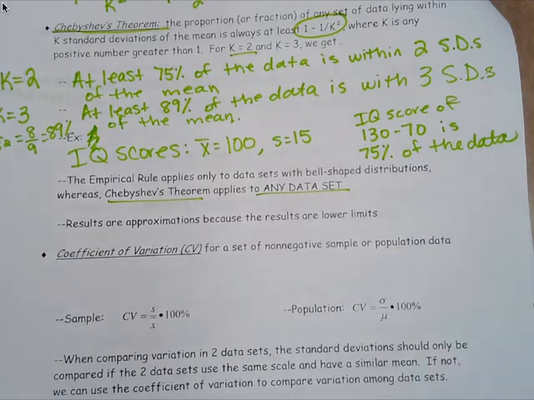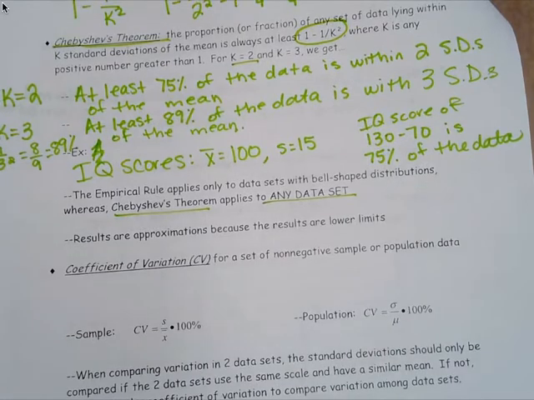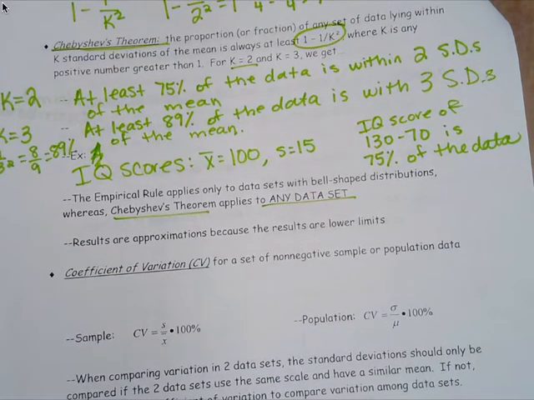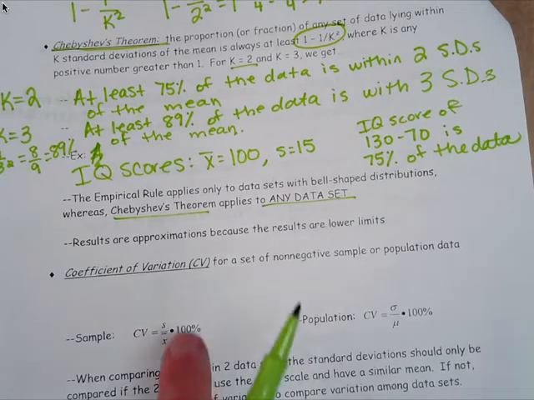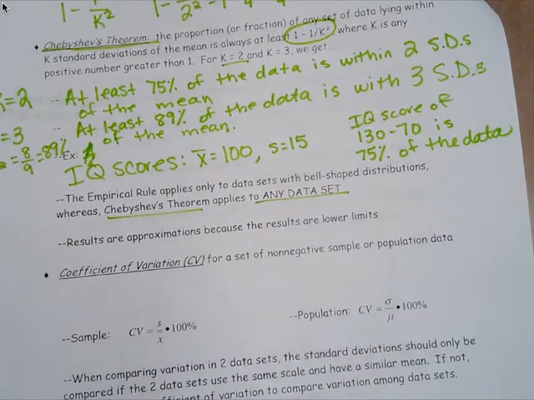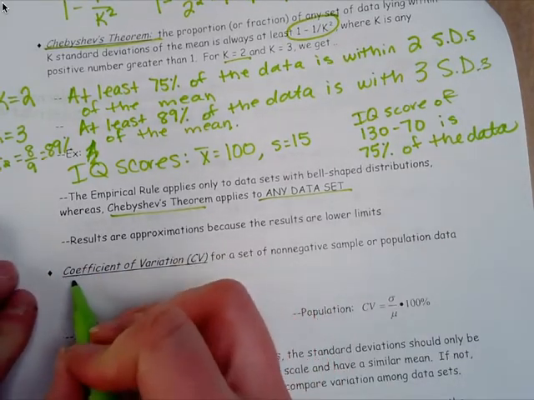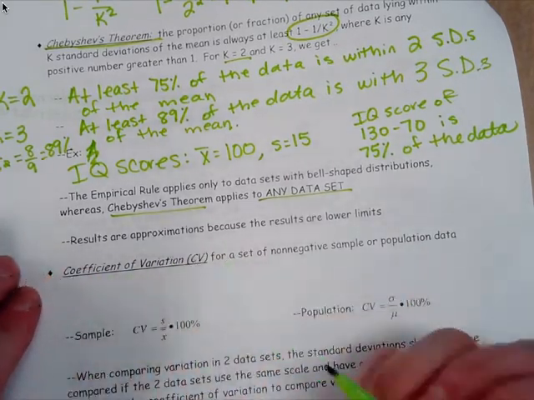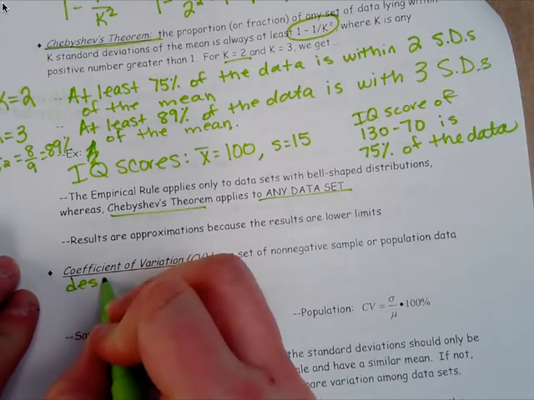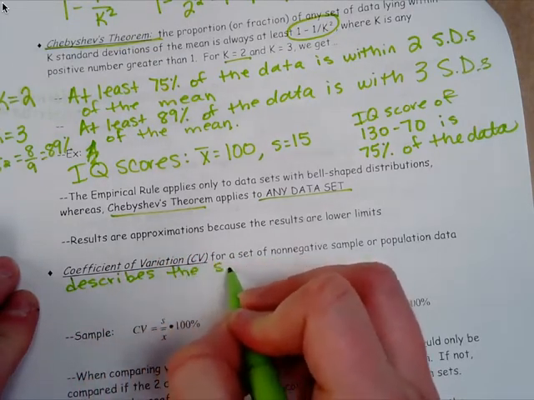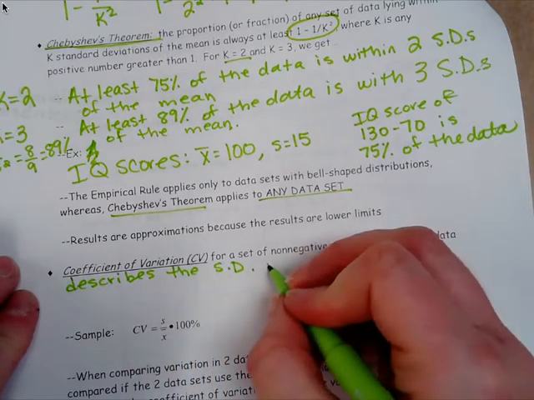Okay, the last concept in 3.2 is coefficient of variation. For a set of non-negative sample or population data, the coefficient of variation describes the standard deviation, so SD, relative to the mean.